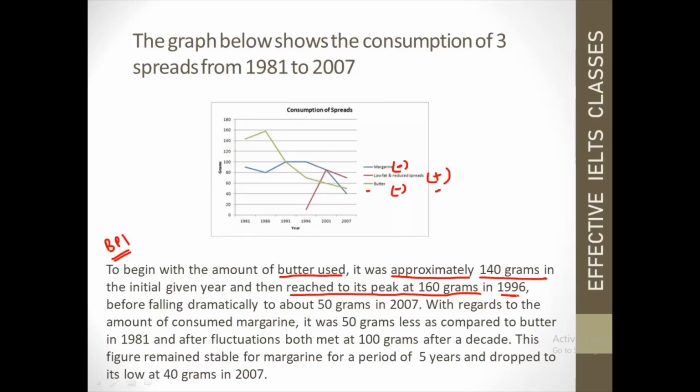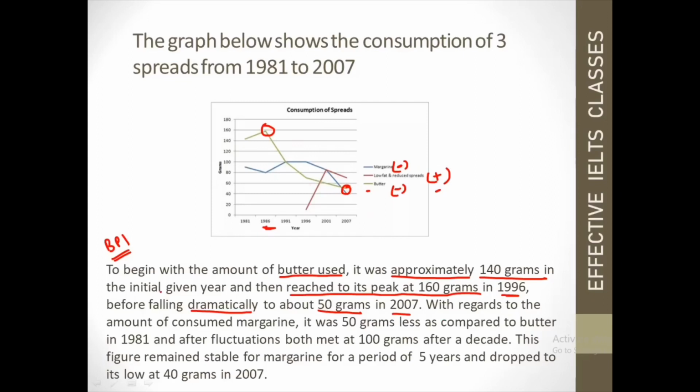After that it kept on decreasing and reached 50 grams. So what I have written is, instead of writing it decreased again and again, I wrote it once with the previous sentence only by making it complex, by writing before falling dramatically to about 50 grams in 2007.